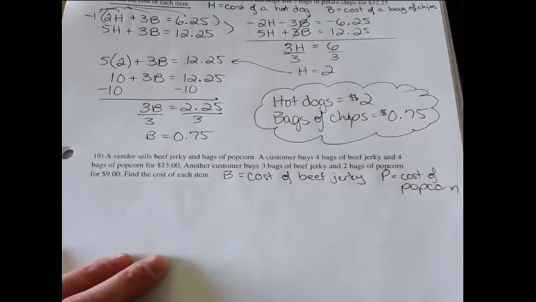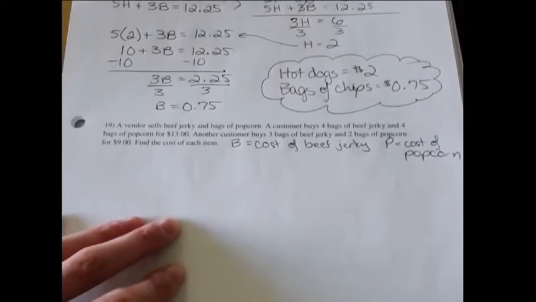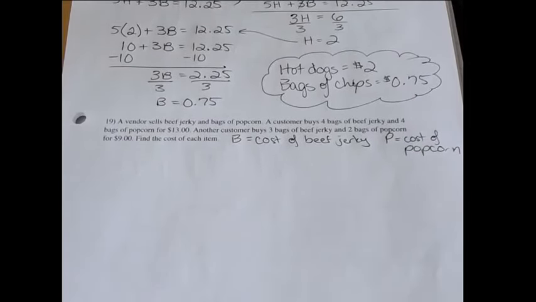So I want you to use B and P. A customer buys 4 bags of beef jerky and 4 bags of popcorn for $13. Another customer buys 3 bags of beef jerky and 2 bags of popcorn for $9. Find the cost of each item. Go for it. 2 minutes starting now.